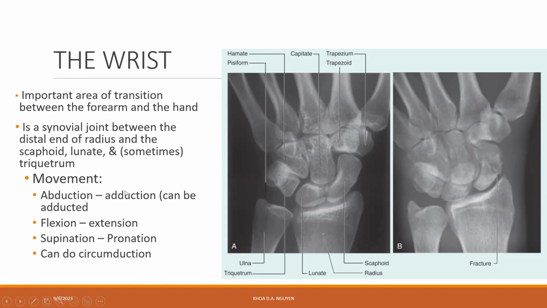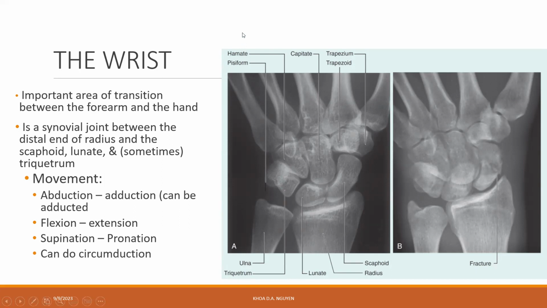Now, because of this extensive movement, this is one of the rare joints in the body, the radial carpal joint, that can do circumduction, okay, which is the movement of the joint basically around and around in a circle, circumduction, basically.